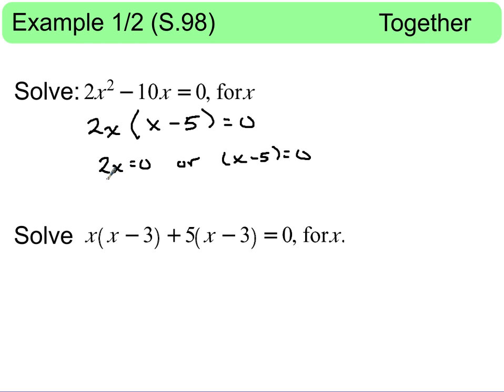So if we solved each one, we would divide both sides here by 2, and so x would equal 0, or if we added 5 on both sides, x would equal positive 5. So our solution set is x equals 0 or x equals 5. Either way, this entire equation would equal 0.